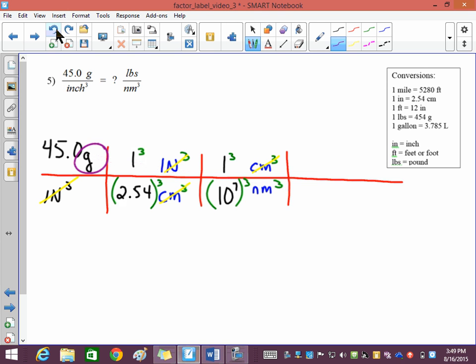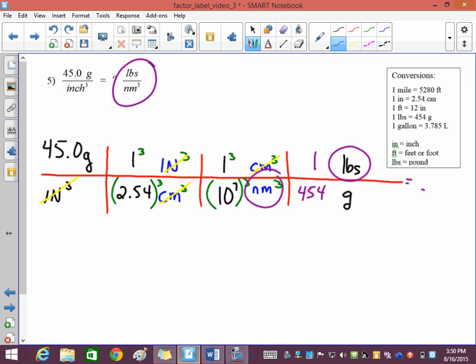Okay, so let's put grams down below and pounds on top. Which one's bigger? That's right, pounds. There's 454 grams in a pound. And since we now have the units that we're looking for here, so we've got our pounds and our nanometers cubed, we are ready to calculate.